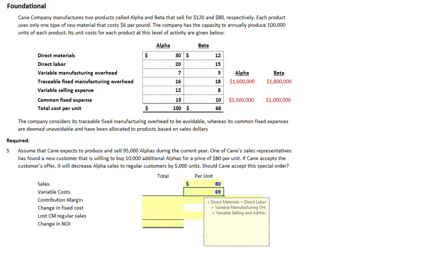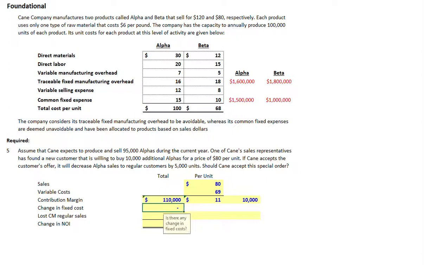So our direct material, labor, variable manufacturing overhead, and variable selling was 69. So again, we have a contribution margin of $11. So that same total contribution margin of 110 from the earlier problem. We've got no change in fixed cost, but we're going to lose current sales, and we're going to lose 5,000 units of current sales, and our contribution margin on those sales is $51 per unit.